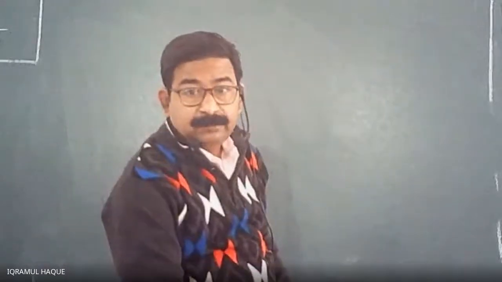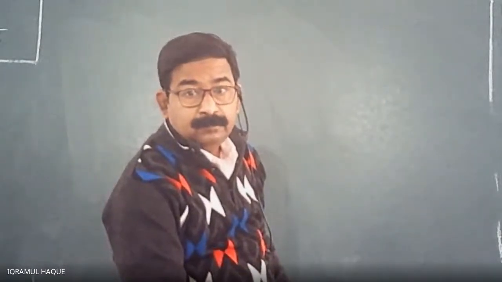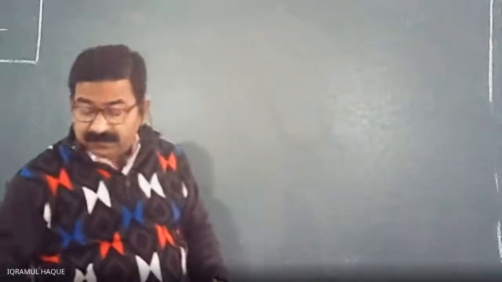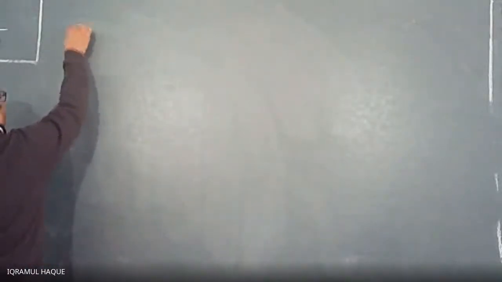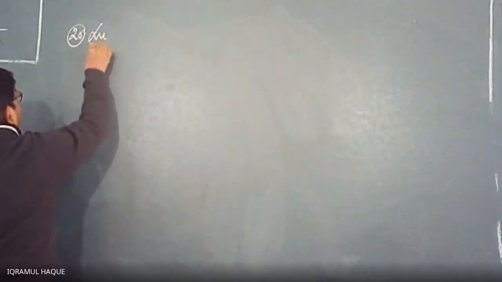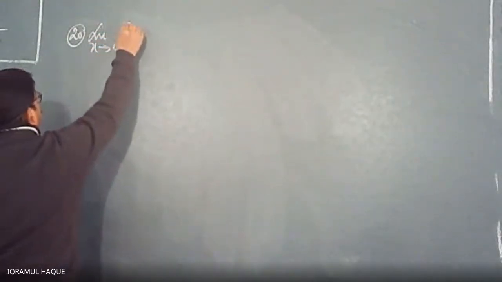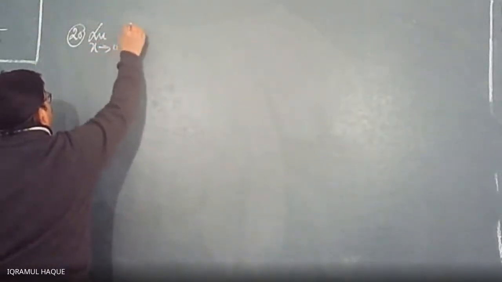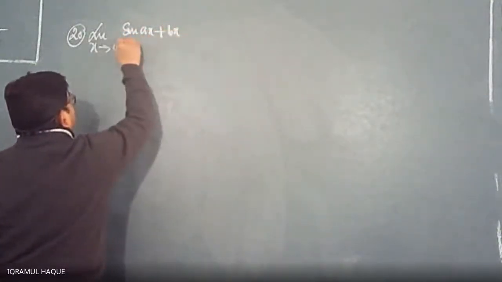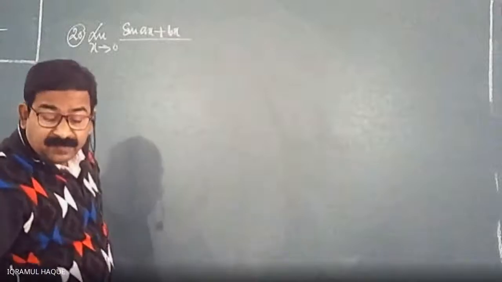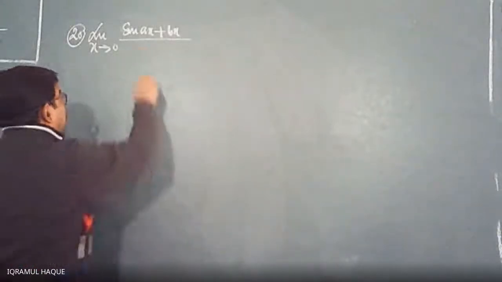Question number 20 is, we have limit x tends to 0, sin ax plus bx upon ax plus sin bx.